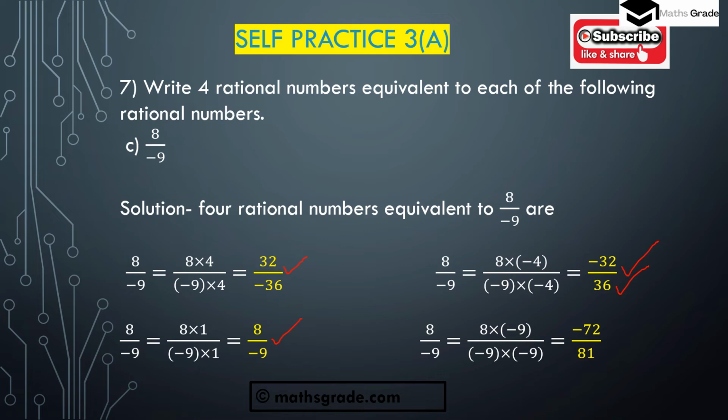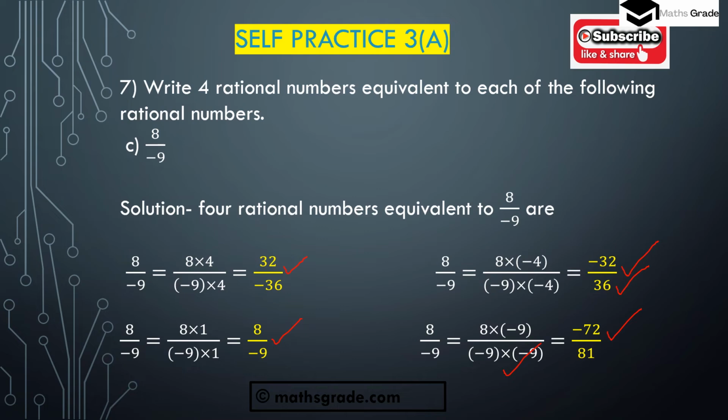If we multiply the number minus 9 with both numerator and denominator of 8 divided by minus 9, we get 8 multiplied by minus 9 is minus 72, and minus 9 multiplied by minus 9 is 81. So we get minus 72 divided by 81, which is equivalent to the rational number 8 divided by minus 9.